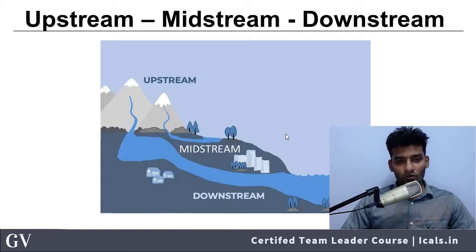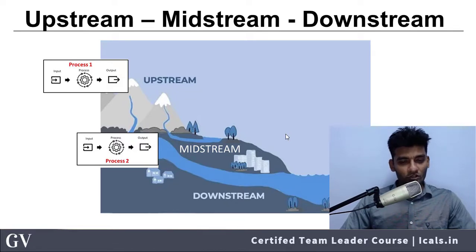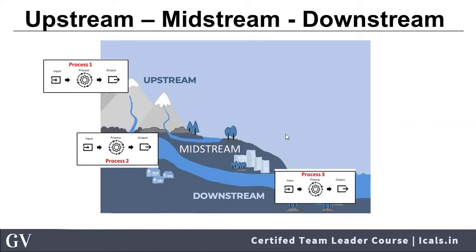So now you have an upstream at the top of the hill, and you have a midstream and a downstream. Now let's go a little deeper to understand how this is coming out. Now your process 1 becomes your upstream, process 2 becomes your midstream, process 3 becomes your downstream.